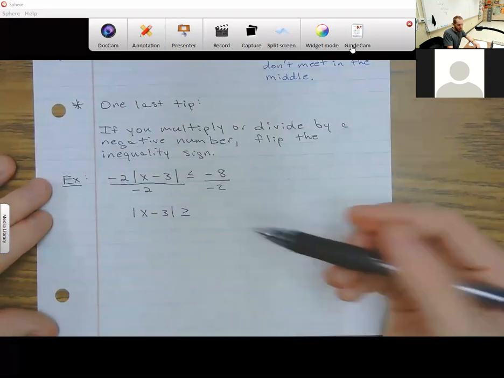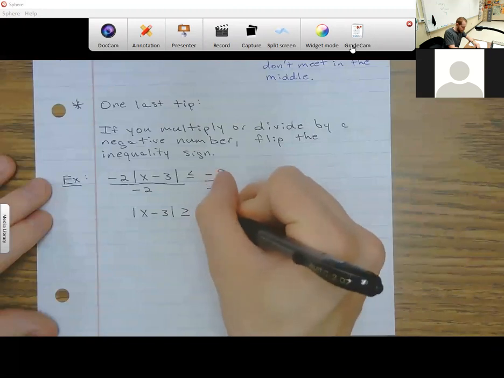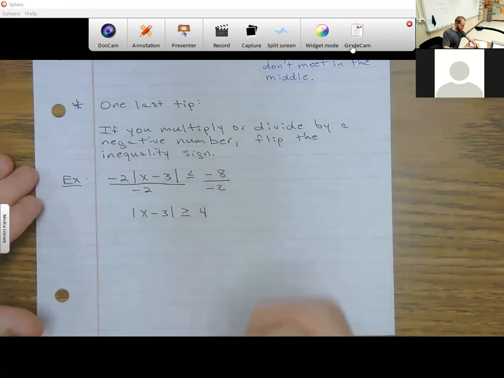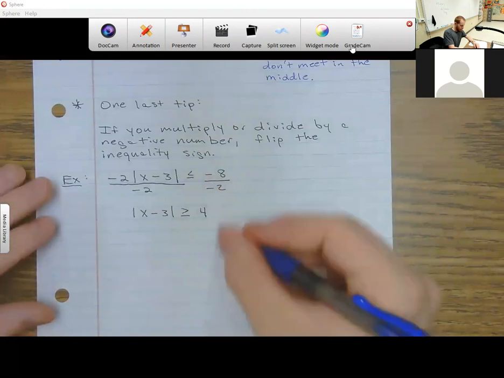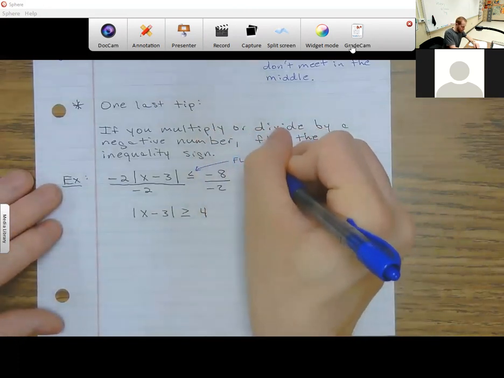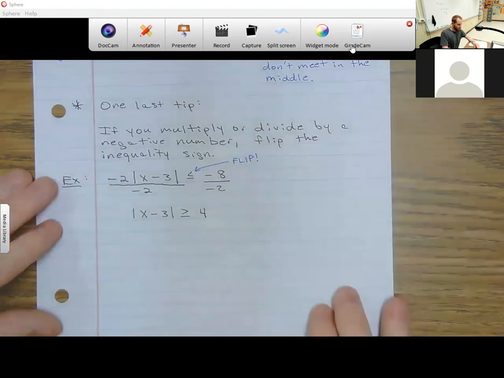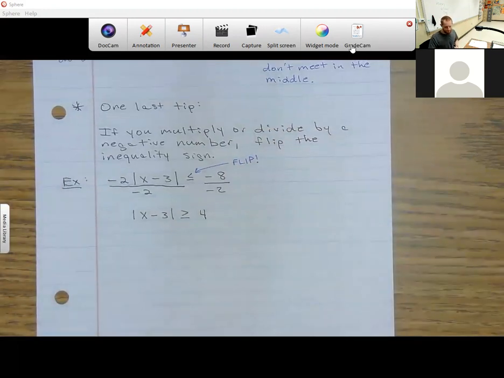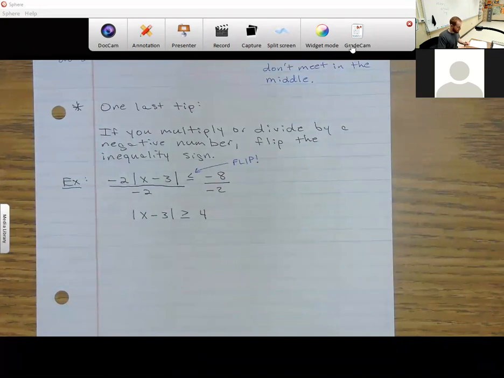That would be +4. So I got this now. So this has just been flipped, right? And that only happens when you multiply or divide by a negative number. Okay, so let's solve this one.